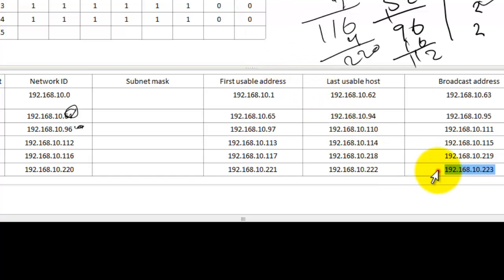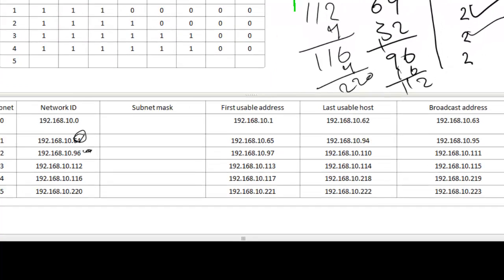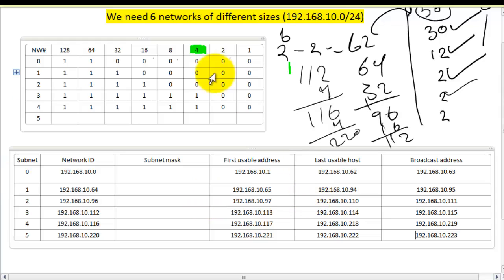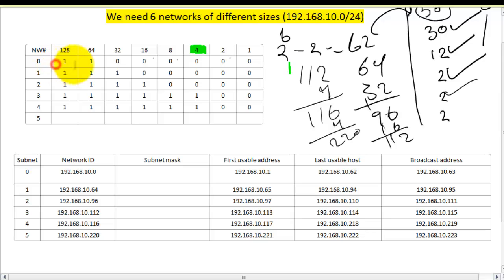Okay, so now we have the range of our blocks. Now let's clear this here. Now let's do the subnet mask for this one. So we borrowed how many bits? Only 2 bits, which is 128 plus 64, which will be 192.